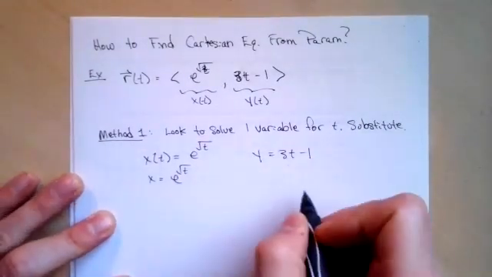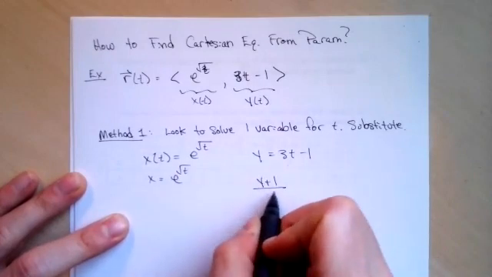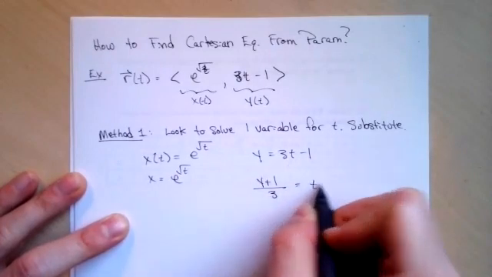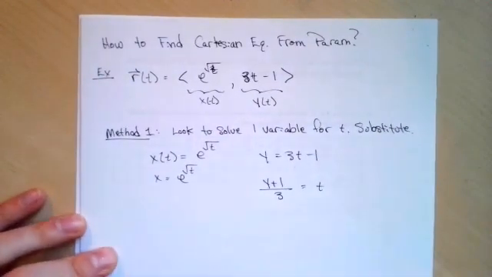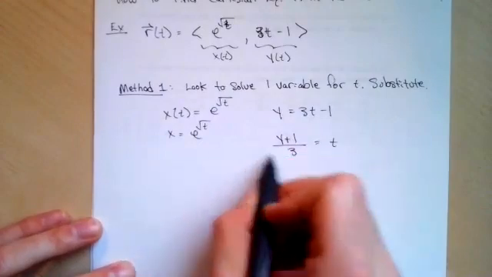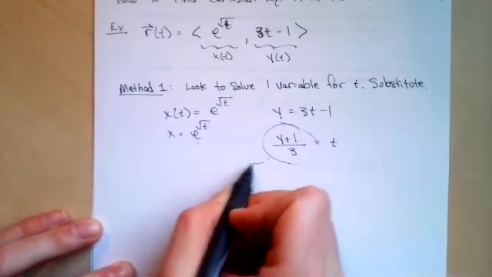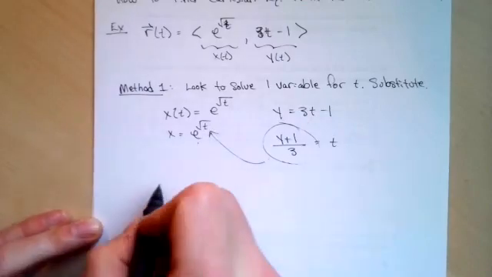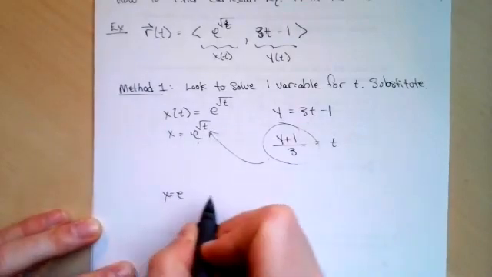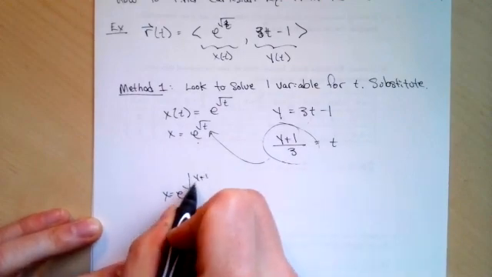So if we wanted to solve for t here, what are we going to get? We're going to get y plus 1 all over 3 is equal to t. And then what do we have to do to find the Cartesian equation? Well, I just substitute this in for t into the other equation. So we would get x is equal to the exponential of the square root of (y plus 1) over 3.